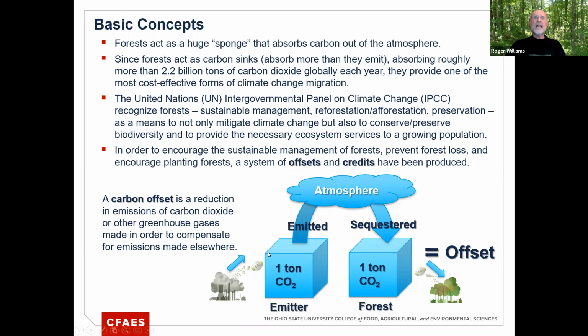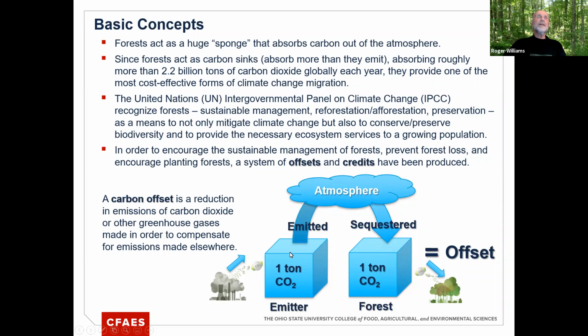So, for example, we have an emitter, whatever that might be, over here. Let's say it emits 1 ton of carbon dioxide into the atmosphere. Over here we have a forest that sequesters a ton of carbon dioxide out of the atmosphere.